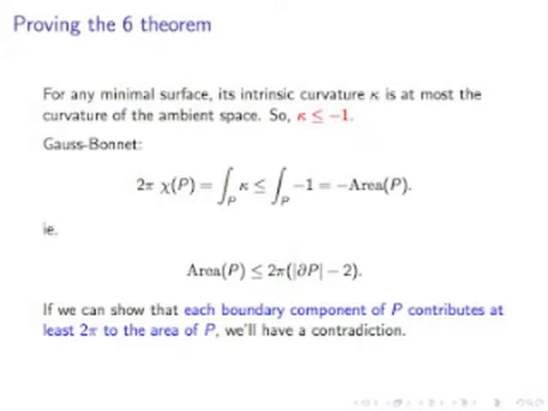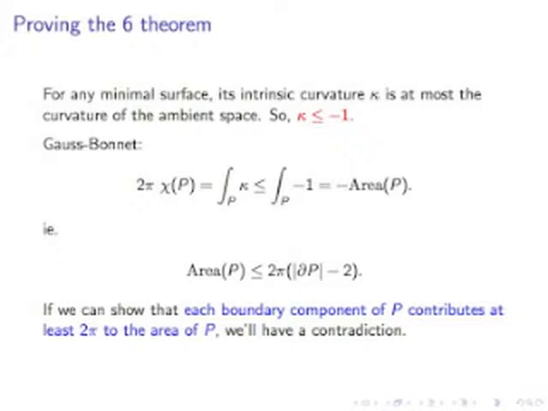So, applying Gauss-Bonnet, we get that 2 pi times the Euler characteristic of our planar surface P is equal to the integral of its curvature over P, which is less than or equal to the integral of -1 over P, which is just minus the area of P. So in other words, rearranging, we get an upper bound on the area of our planar surface. It's at most 2 pi times minus the Euler characteristic, in other words, the number of boundary components minus 2.